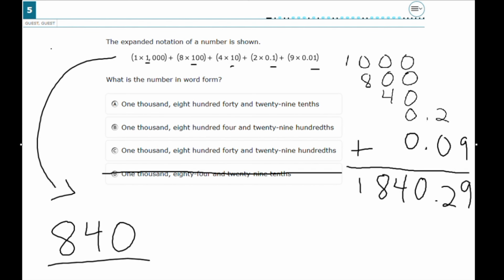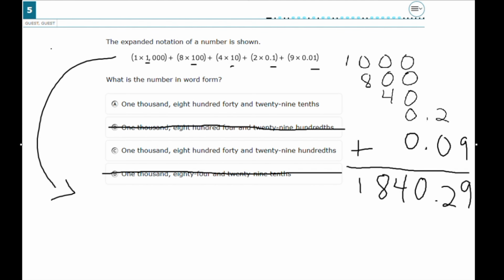But in answer choice B, it says 804. 804 looks like this. So we have 840, not 804, okay? So we can go ahead and eliminate answer choice B. Let's continue. So we have 1,840. Now we don't have anything in the ones place, so we don't have to worry.